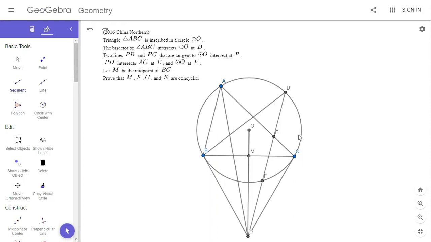Probably looks like probably some spiral similarity or something. I'm just throwing out words here, but let's see. I'm sure, like, if we could show E is the midpoint of GC, that would solve it, because that would mean ME is parallel.